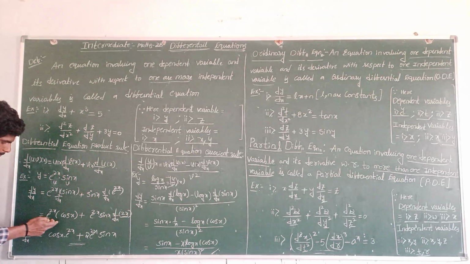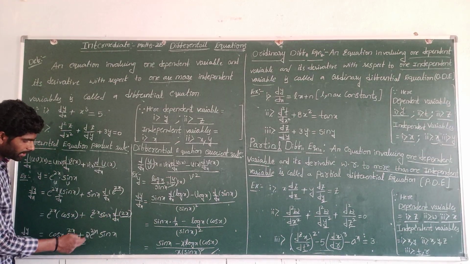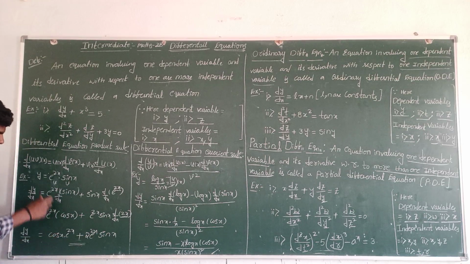So the result is cos x into e power of 2x plus 2 e power of 2x sin x. That is dy by dx. Like this we solve.